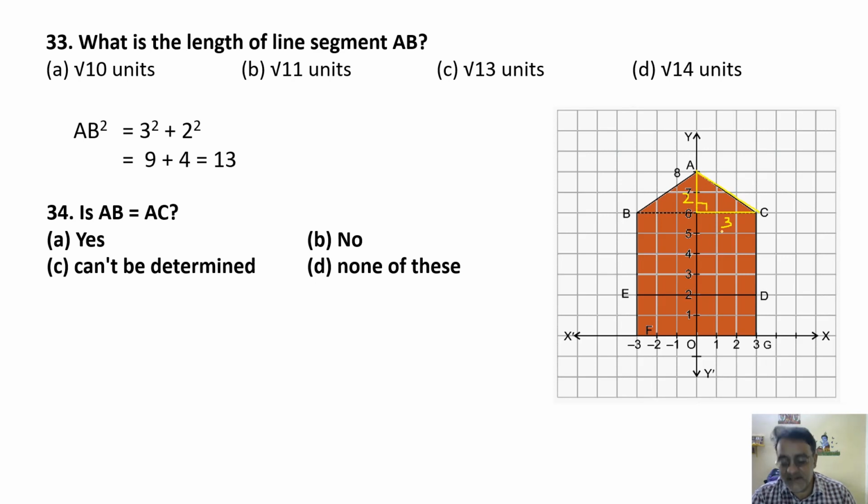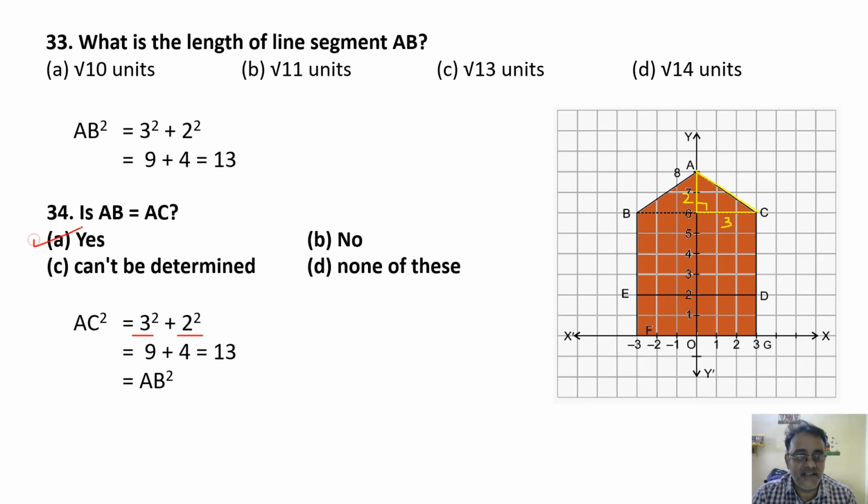So AC square is equal to 3 square plus 2 square again, okay? And that is equal to 9 plus 4, 13, and that is equal to AB square. So AC is equal to AB, and the correct option is yes. The answer for this was root 13. So any doubt in this question?